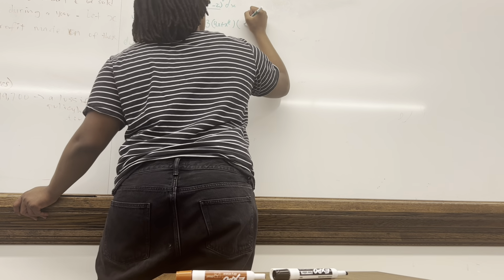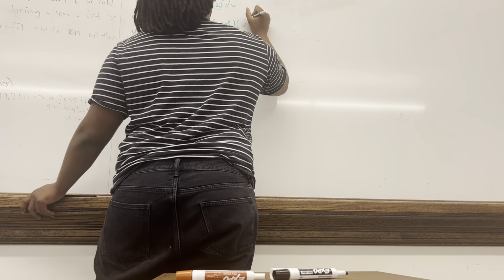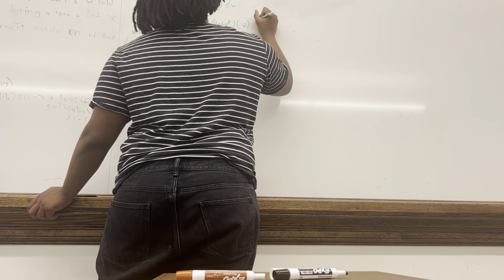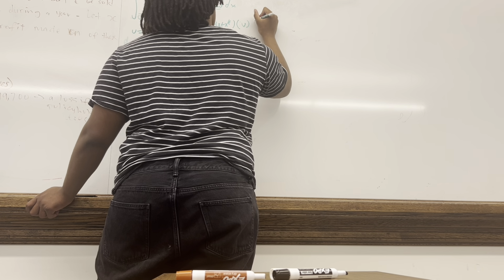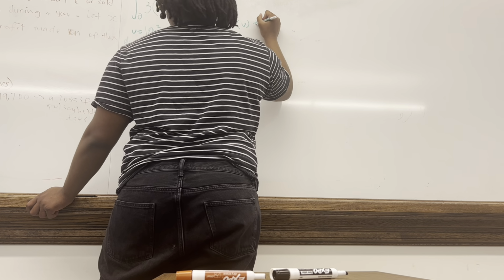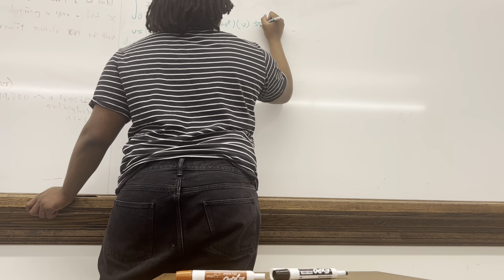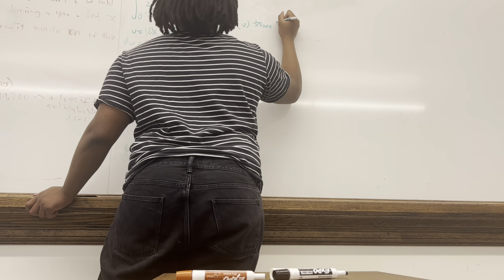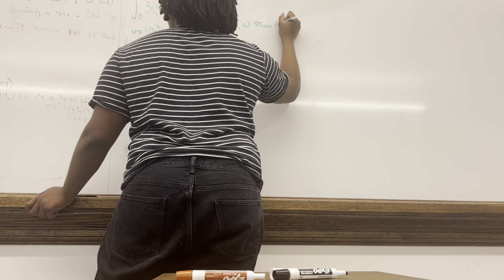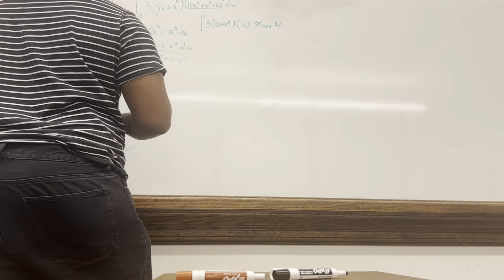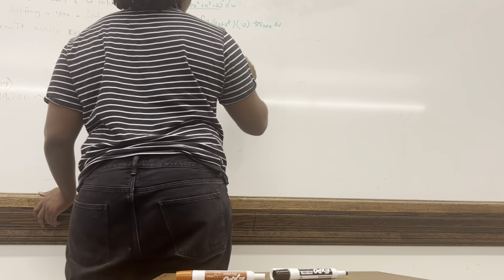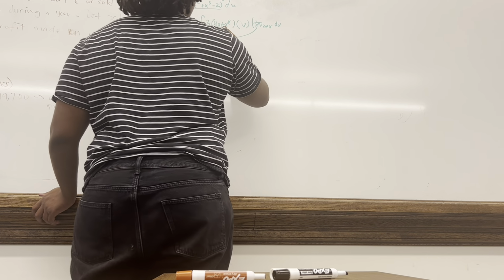This is just u. And now we have 1 over x to the 4 plus 20x du. Now then, what we're going to do is we're going to multiply this to this.